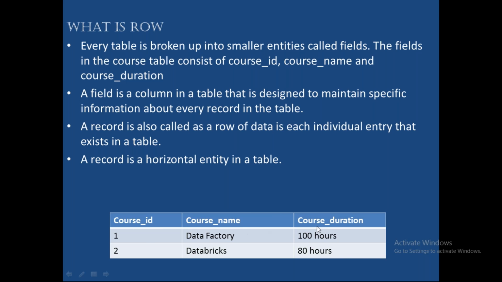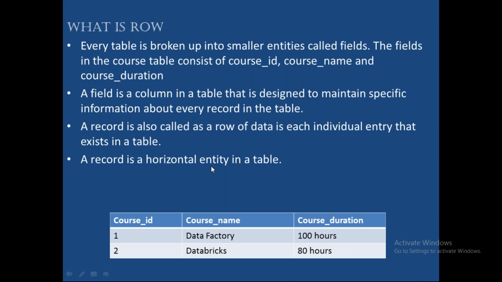This is one row of data, which is each individual entry that exists in a table. See, this is one record. The second one is one more record. Now, record or row, both are the same. Remember, don't confuse between the words. Row means this is the row, or you can call it a record as well.